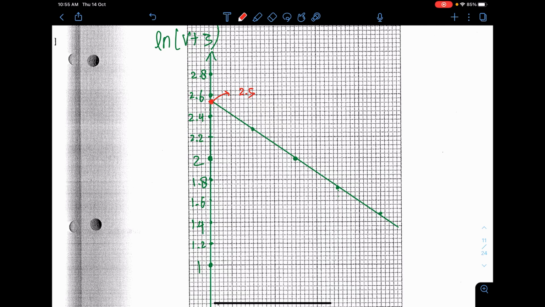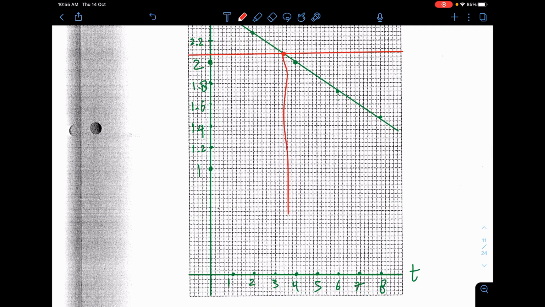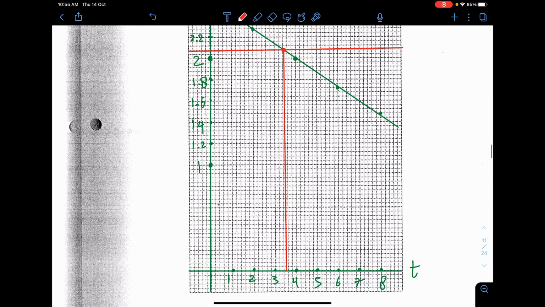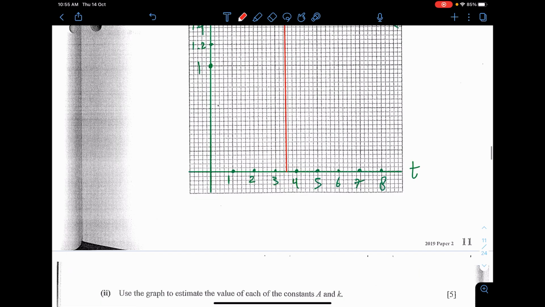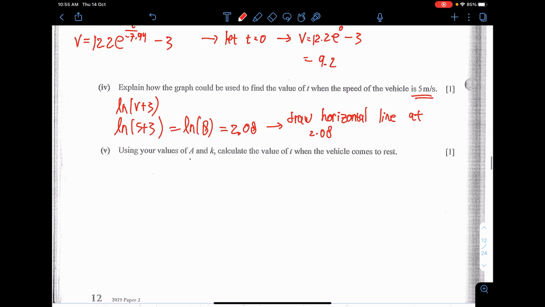It should be around here. Then you can see where they intersect the graph. Intersection here, then you bring it down. This is also a little bit off, because I'm not drawing precisely. So it should be somewhere around 3 to 4, maybe 3.5, 3.4, somewhere around that. So tell them that the answer is this, by using the graph.